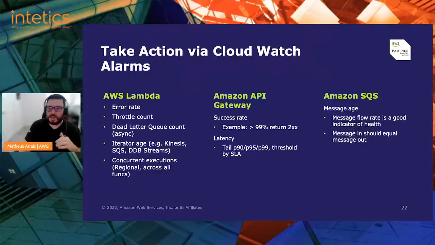You can also take actions with CloudWatch. Like I mentioned, CloudWatch has alarms, and based on those alarms, using a static value or automatic anomaly detection, you can trigger actions. For instance, you can trigger an alarm based on throttling on a Lambda, a dead letter queue, an error rate, or even API Gateway. You can make sure, for instance, that you have a success rate of 99%, and if that number is not reached, you can trigger an alarm.